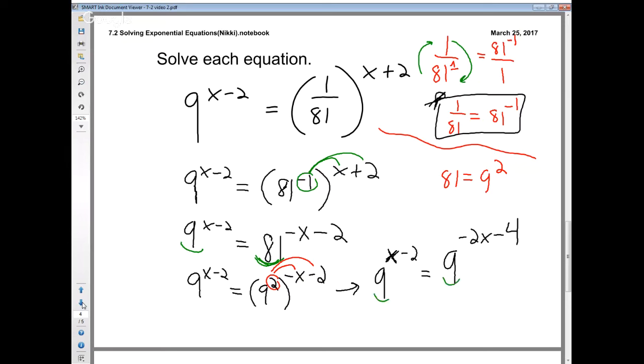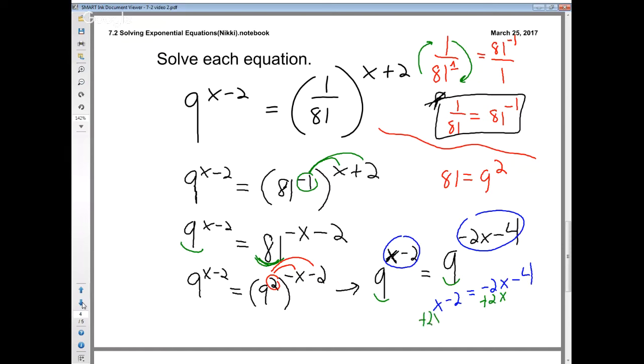Let's go ahead and set the exponents equal, and let's find our x value. So right underneath, I'm going to put x minus 2 equal to negative 2x minus 4. And we just have a regular equation that we need to solve for x. For this example, I'm going to add 2x to both sides.